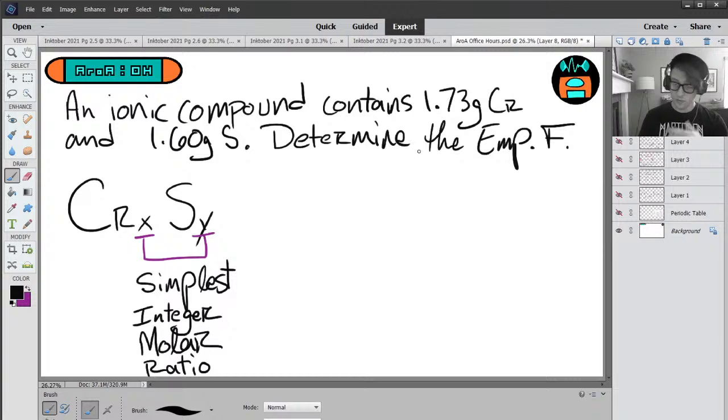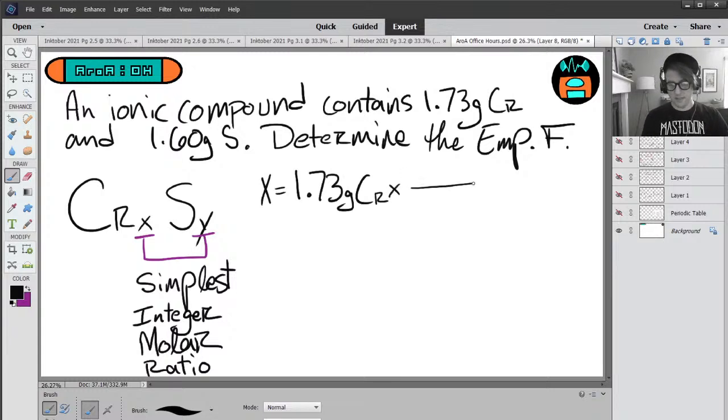So first, we got to figure out how many moles of chromium and how many moles of sulfur we're dealing with. So X is going to be equal to 1.73 grams of chromium. Sorry, remember to put that R there. Times, we need to convert grams of chromium to moles of chromium.